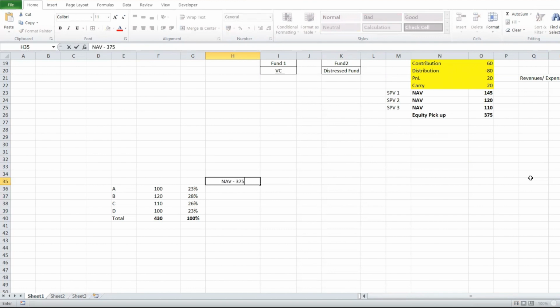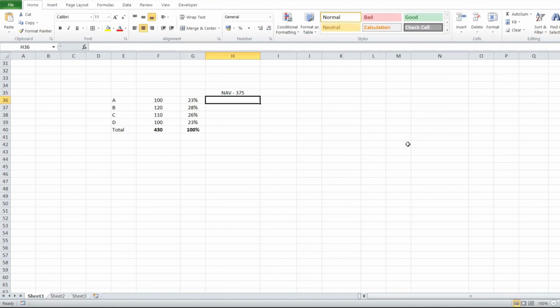Suppose 375. So what is NAV? Now I'm going to distribute this according to their shares. This is how it is getting distributed, 375.